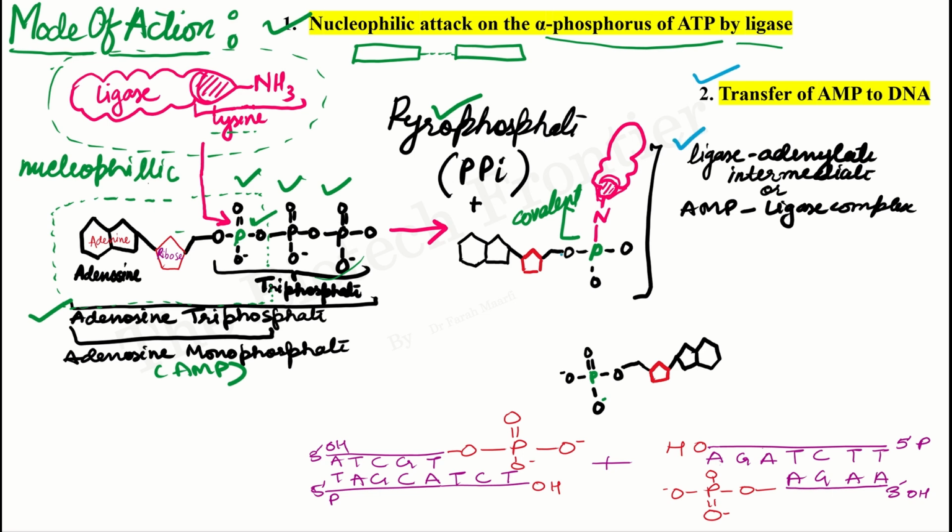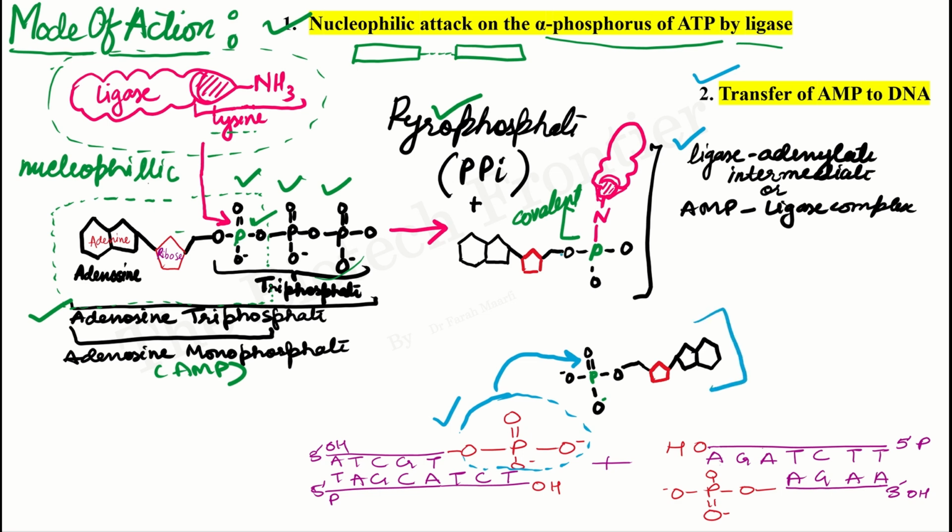After the formation of the ligase-adenylate intermediate, or you can call it an AMP ligase complex, when this complex comes in close proximity to the fragments of DNA which are supposed to be joined together, then the 5' phosphate group at the end of the DNA strand which is supposed to get ligated acts as a nucleophile, and it attacks the phosphorus atom linked to the AMP molecule in the ligase-adenylate intermediate.